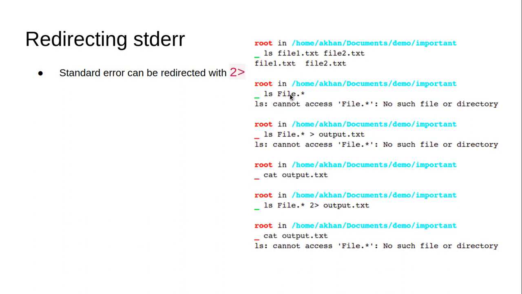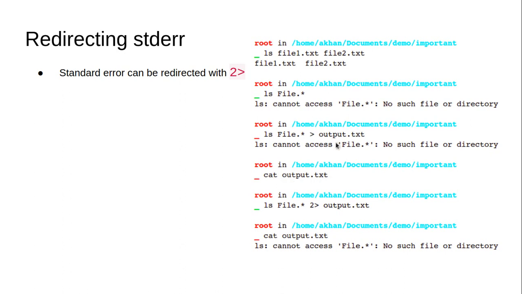Now if I list a file with capital F, I don't have any file with a capital F, so it will give me the error: no such file or directory. Now I am redirecting the standard output with a single right arrow, but I don't have any such file, so the standard output of this command is nothing, and still I am capturing it.